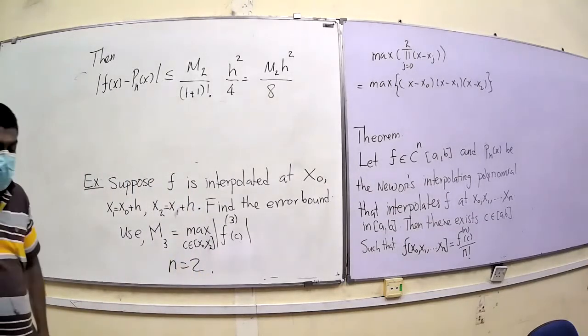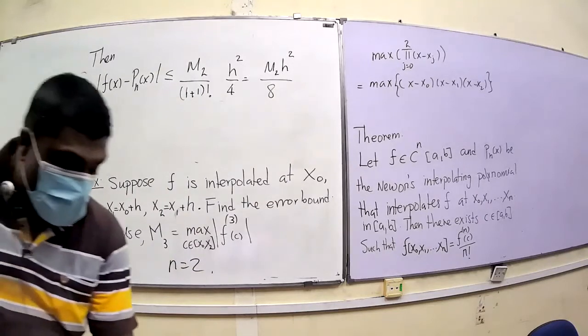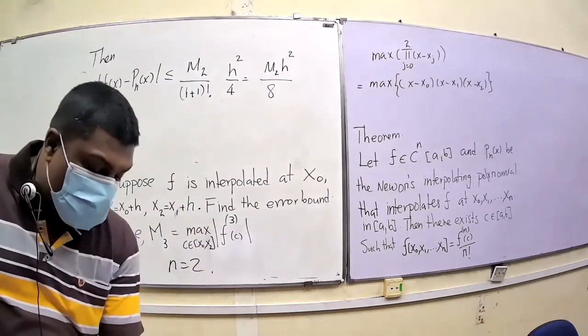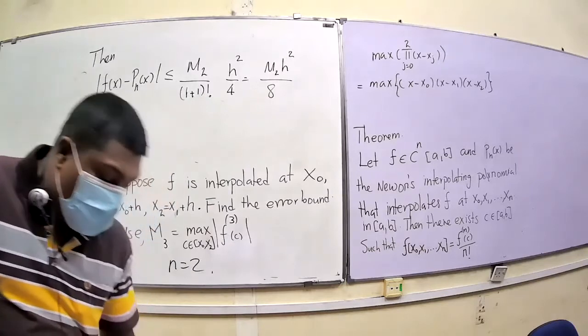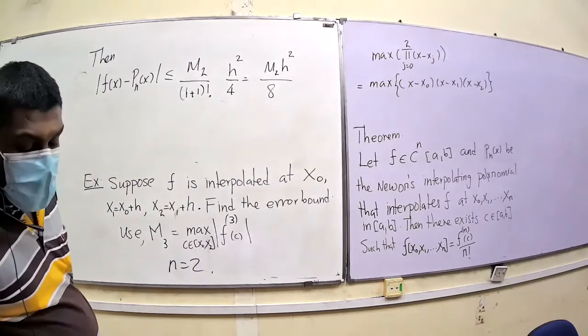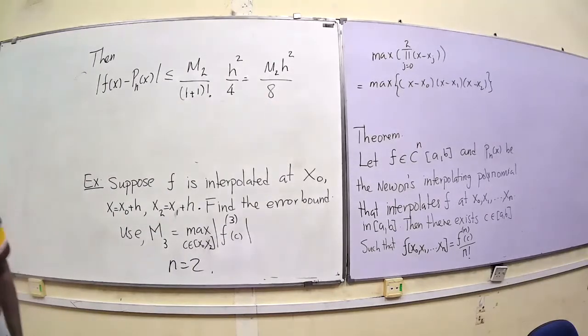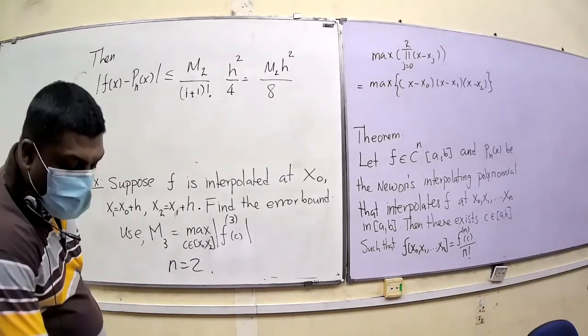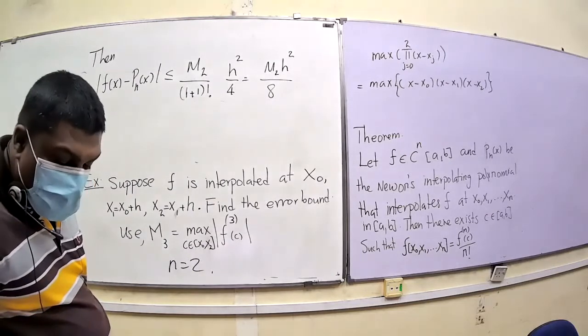Right? So now you know that for a Newton's interpolating formula, you use the divided difference method, or you write down the divided difference table, and then you take that as the coefficient, right? So that is what we learned last time.